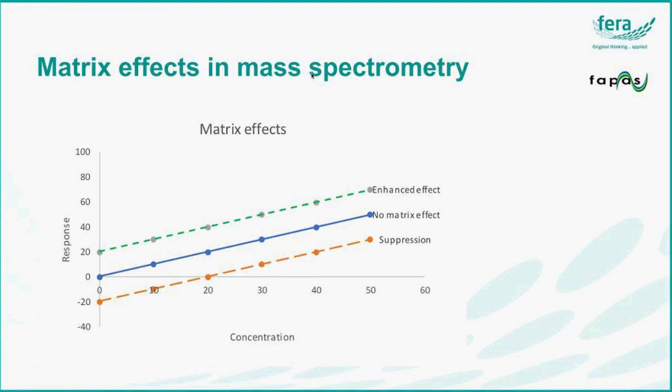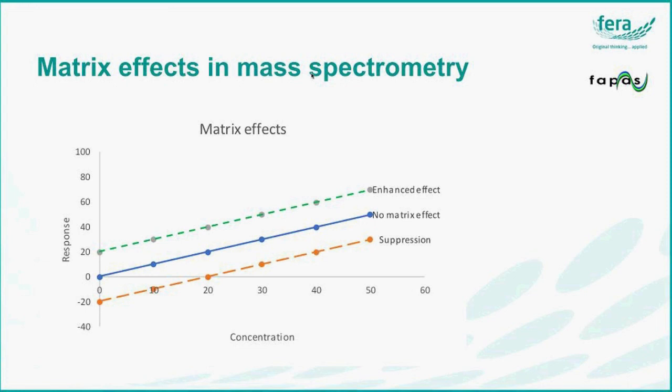But with modern mass spectrometry, they are becoming much more sensitive instruments, and they are required to analyse for many compounds at once. So the extracts tend to be dirty, so not much in the way of cleanup. So there's a lot of matrix left in the sample extract as it goes on the instrument.